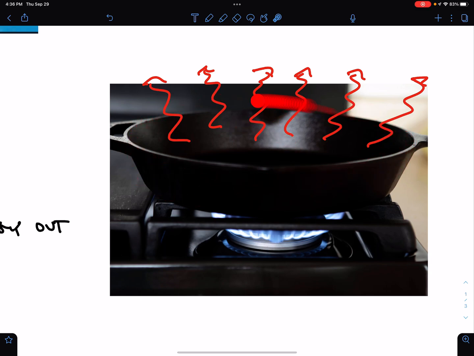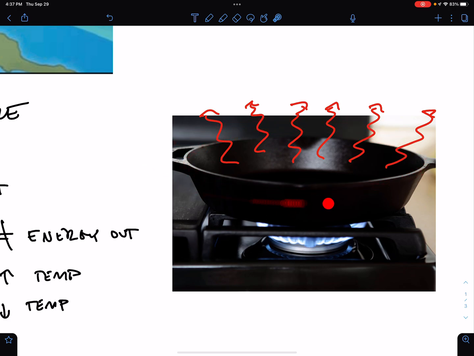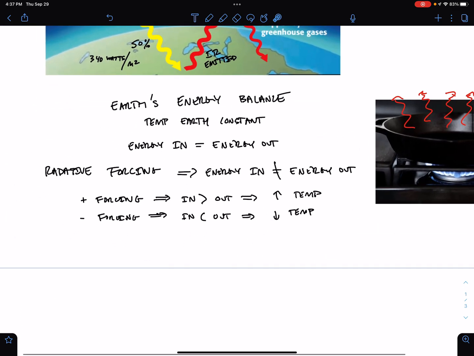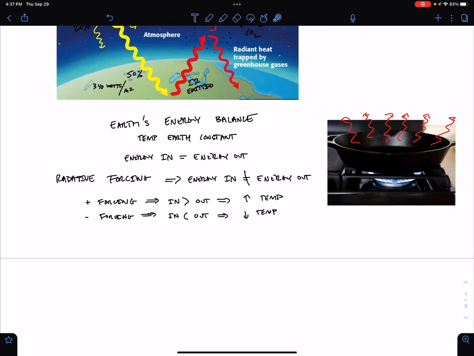If you've ever left a pan on the stove for a longer period of time than you intended to, you might notice that the pan didn't melt. It actually reached a steady state where the energy that the pan is getting from the stove is equal to the heat that the pan is releasing. So we no longer have a radiative forcing. Our energy in is equal to our energy out, and the pan's temperature doesn't change.